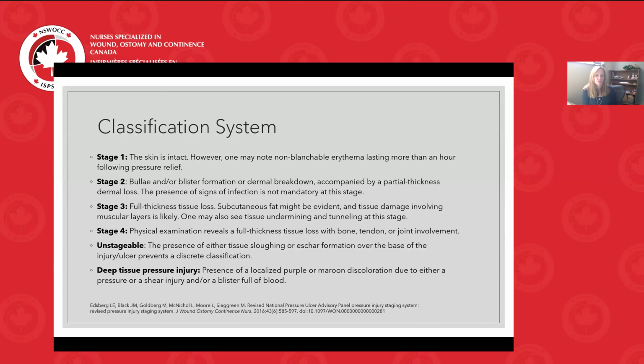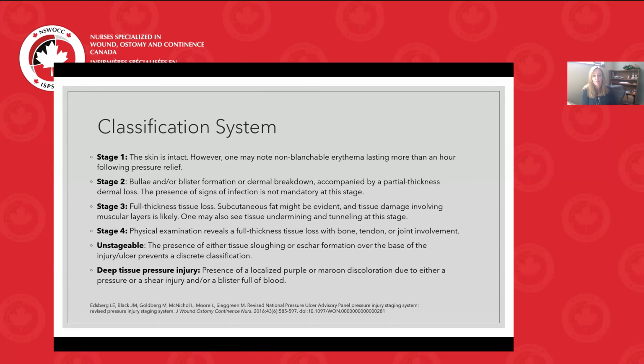When we look at the classification system, so when you're documenting pressure injuries, the most common one that's used is a staging system. The classification system came from the National Pressure Ulcer Advisory Panel. A stage 1 pressure injury is where our skin is intact.